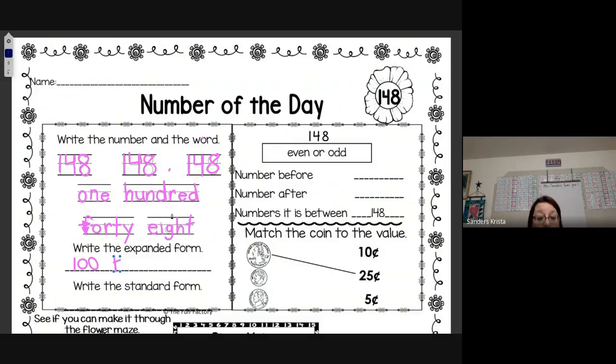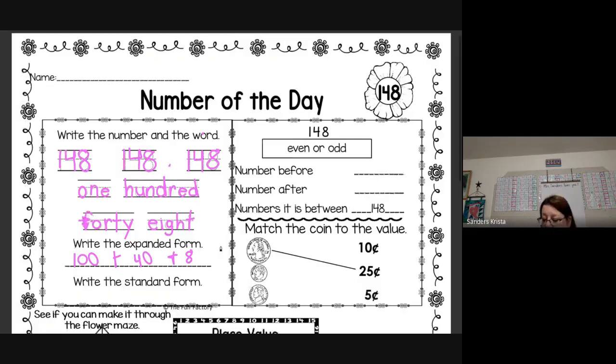What do I hear? I hear 40. So 40, 100 plus 40 plus 148. I hear an 8. So this is expanded form for the number 148.